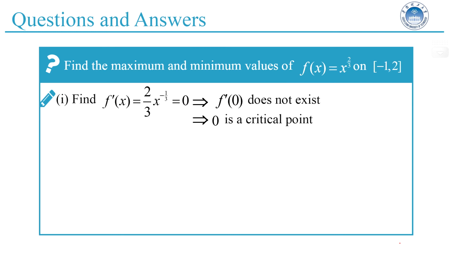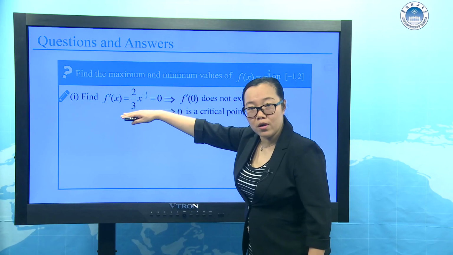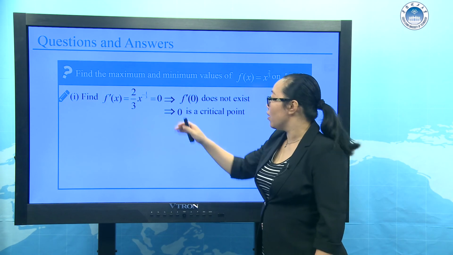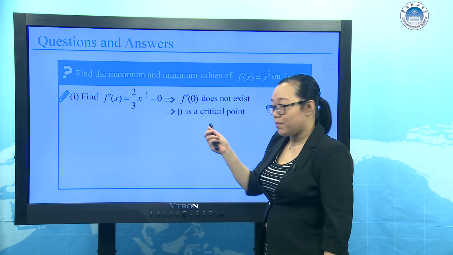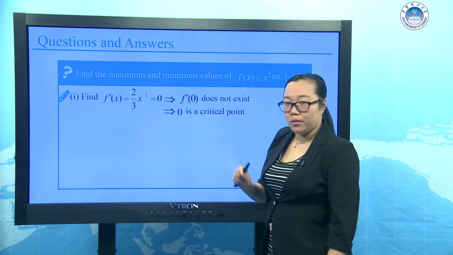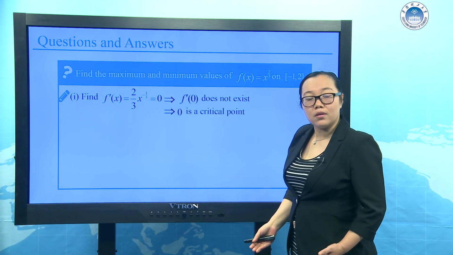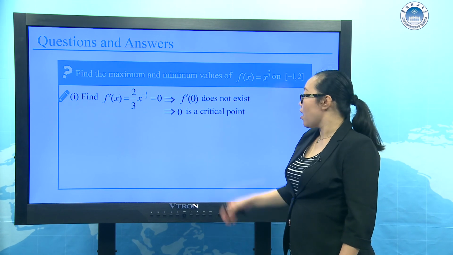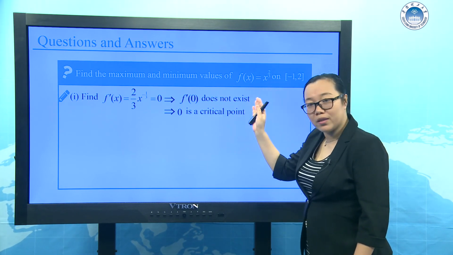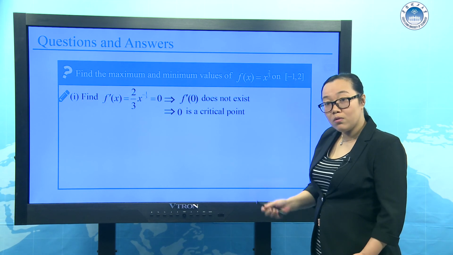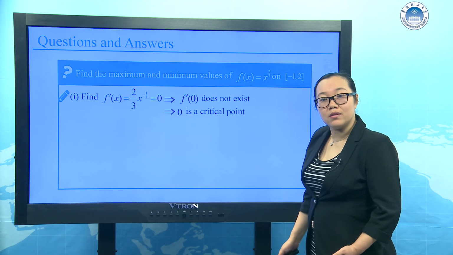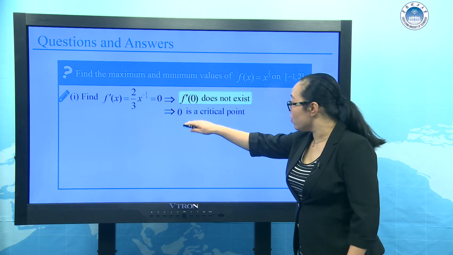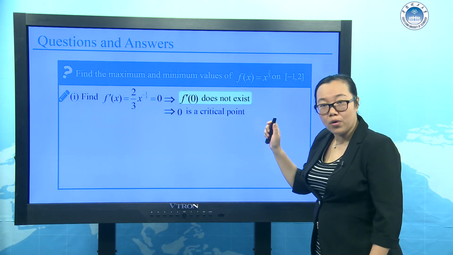The first derivative equals 2 over 3 times x to the power minus 1 over 3. So f prime x equals 0. We can find f prime 0 does not exist. No stationary point. So f prime 0 does not exist. This means 0 is our critical point.